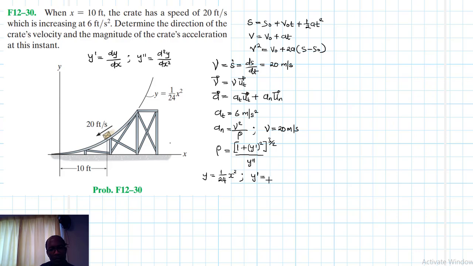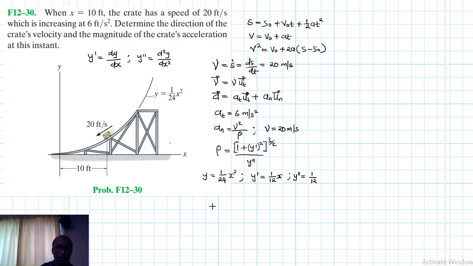So y prime: the 2 comes down, and dividing 2 into 24, it becomes 1 divided by 12 x. And then y double prime is just going to be equal to 1 divided by 12.